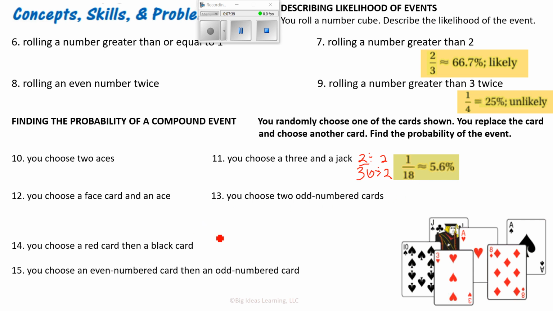Number 13 says you choose 2 odd number cards. Well, let's see. The odd number cards here are the aces and the 3. I guess if you wanted to say the jack.